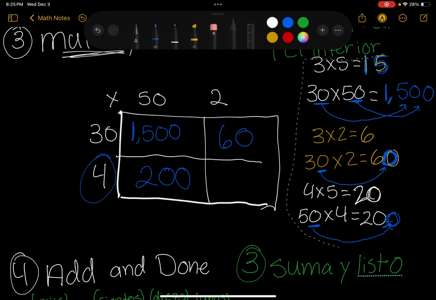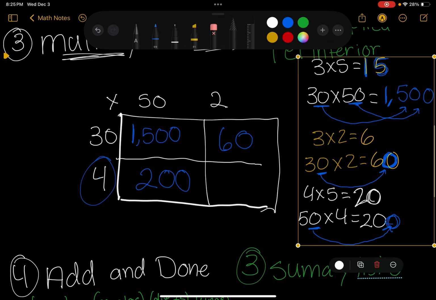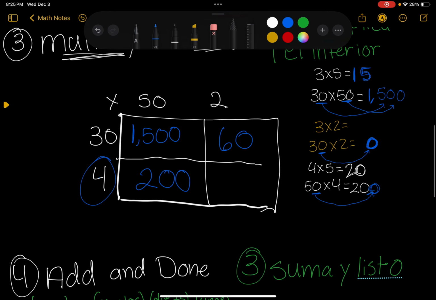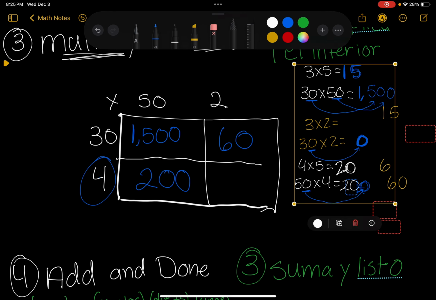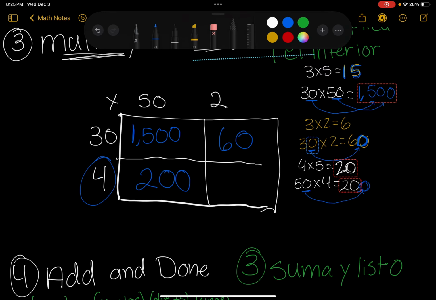You guys can probably guess what our next number is. We are now going to multiply 4 times 2.